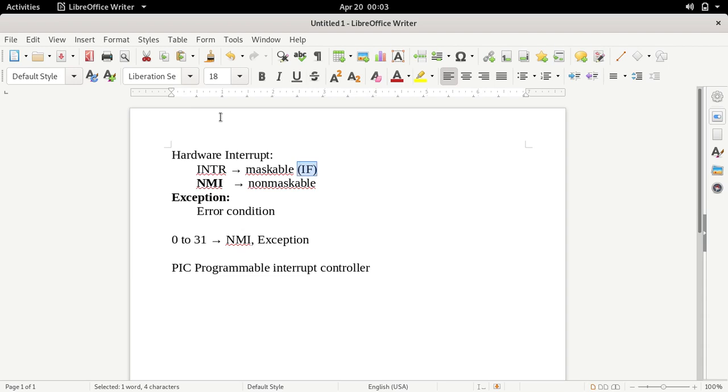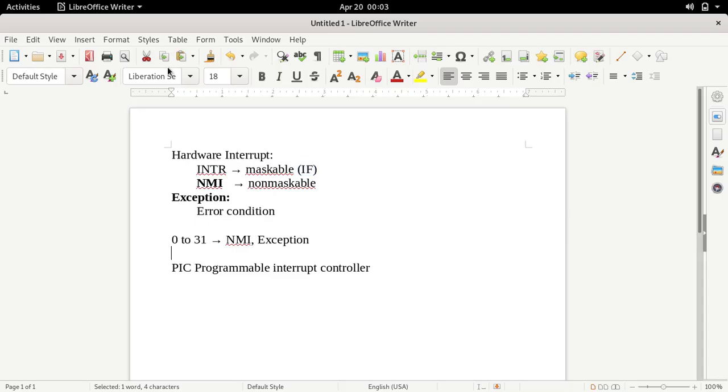We are saying that NMI cannot be disabled, but in this case NMI is disabled. Which is that case? Let's assume that on the NMI pin some interrupt signal has been received.